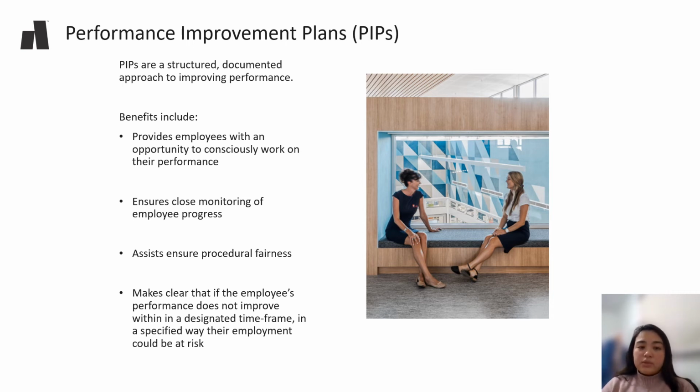It helps ensure procedural fairness during the whole process. It also makes it clear that if an employee's performance doesn't improve within a time frame, there might be a risk for their employment.